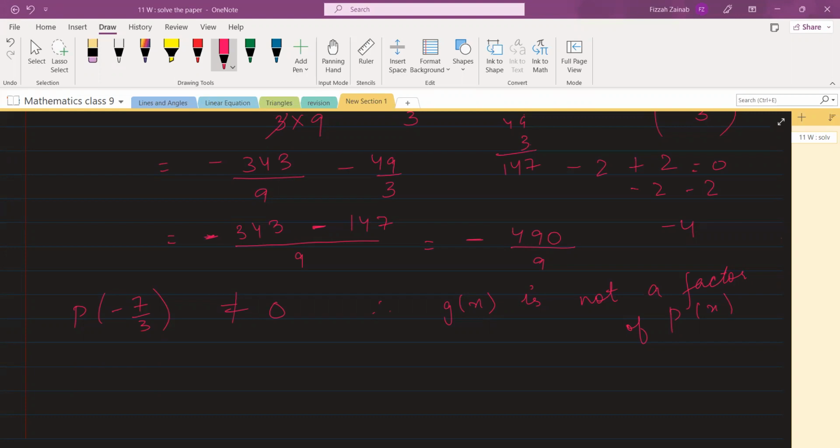Now, please open exercise 2.4, both of you. Jaslyn, any question which they have cut from this exercise? Is there any question?